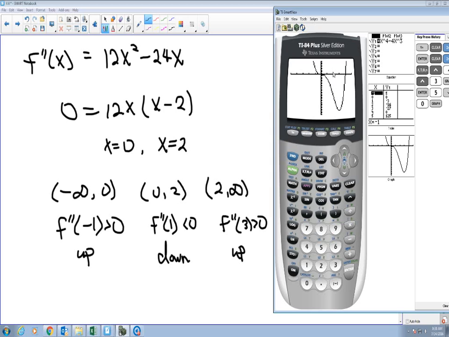So that means at my point 2 here, the graph switches over from concave down to concave up. That will make x equal to 2 a point of inflection. So that's what these two numbers are. These two are the points of inflection. I mean, you can't really see it just by looking at the graph. That's why we still do these computations.